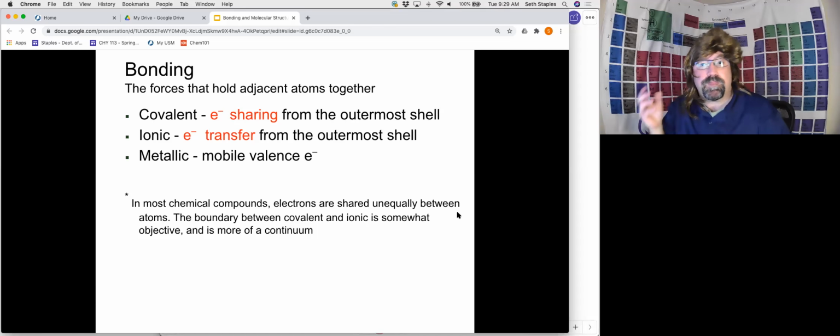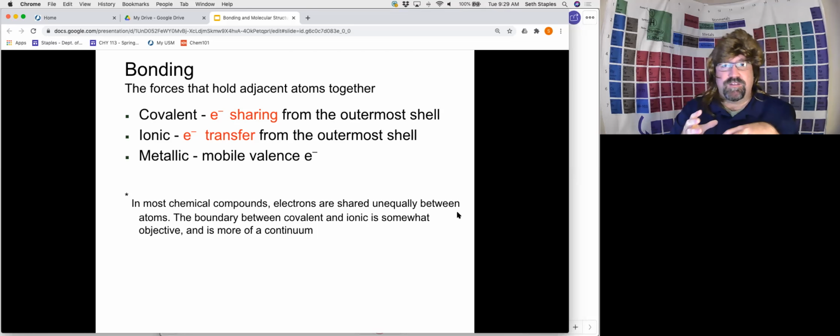Now note here, and we're going to see this again in a little bit, we talk about bonds as if a bond is covalent or as if a bond is ionic. The reality is that this is really much more of a continuum, where something we might say is purely covalent if there's a complete equal sharing.